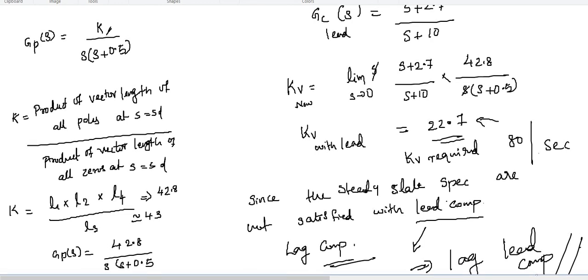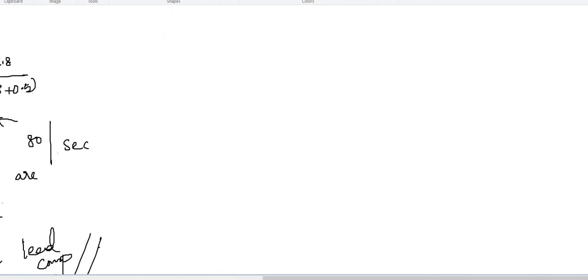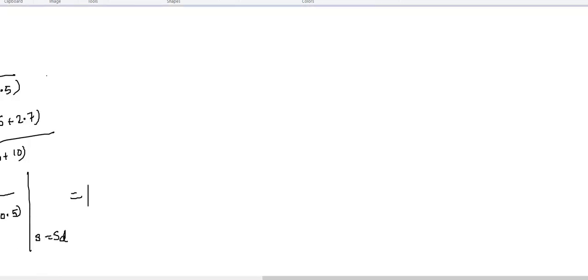So the Kv of the system with the lead compensator is now only 22.7. Now we are going to design a lag lead compensator. The lead section we have already discussed; the lag section we have to discuss now.